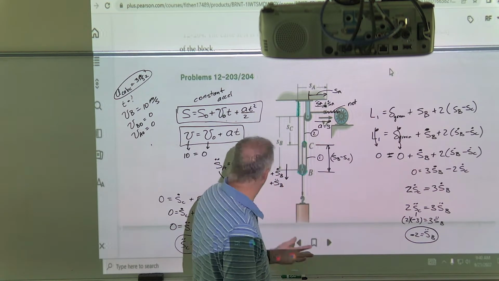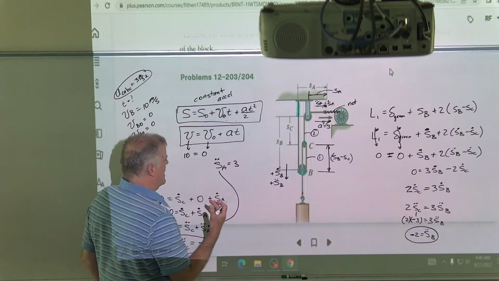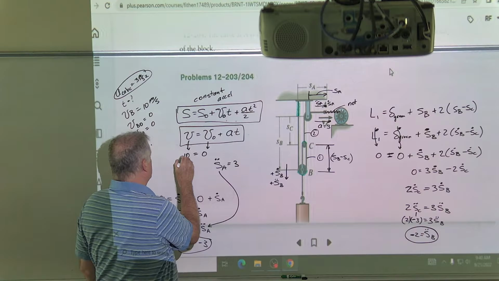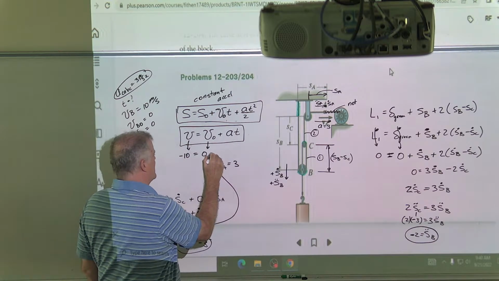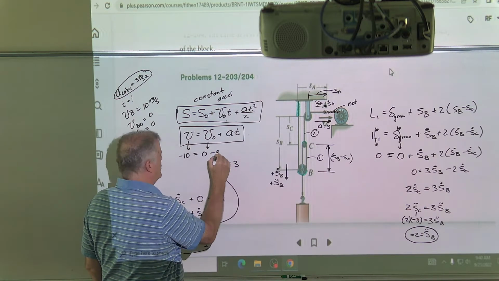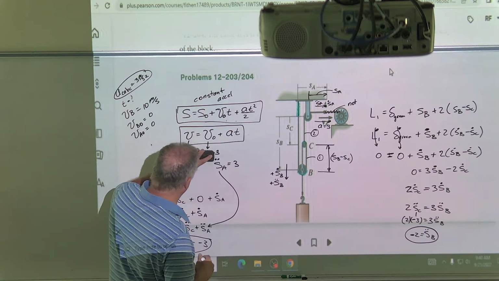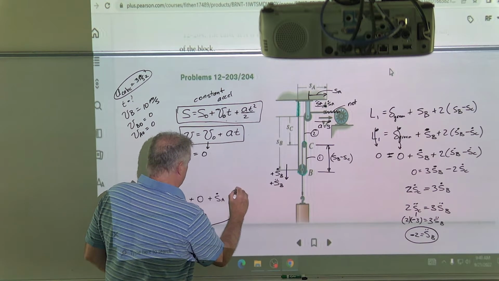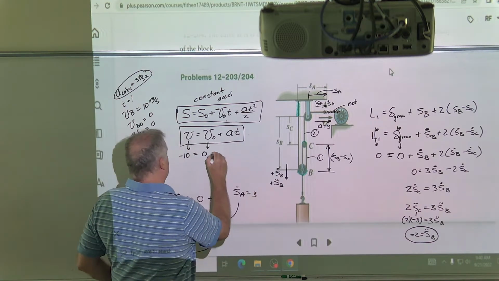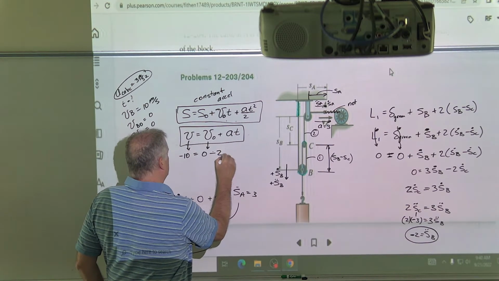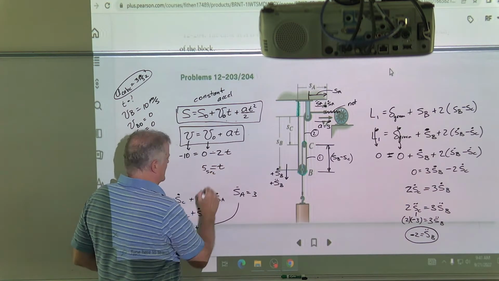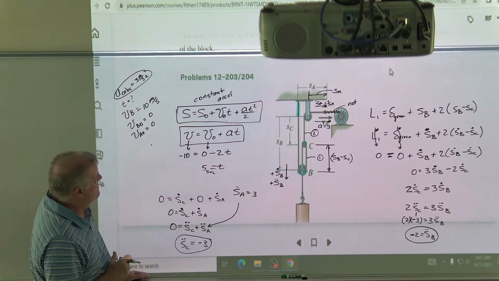I don't really care about the direction per se. He just says the velocity. So I'll put a minus here, and -2, which I said 2, and I wrote 3. 2t, so t is just 5 seconds. So it took 5 seconds for that to happen.